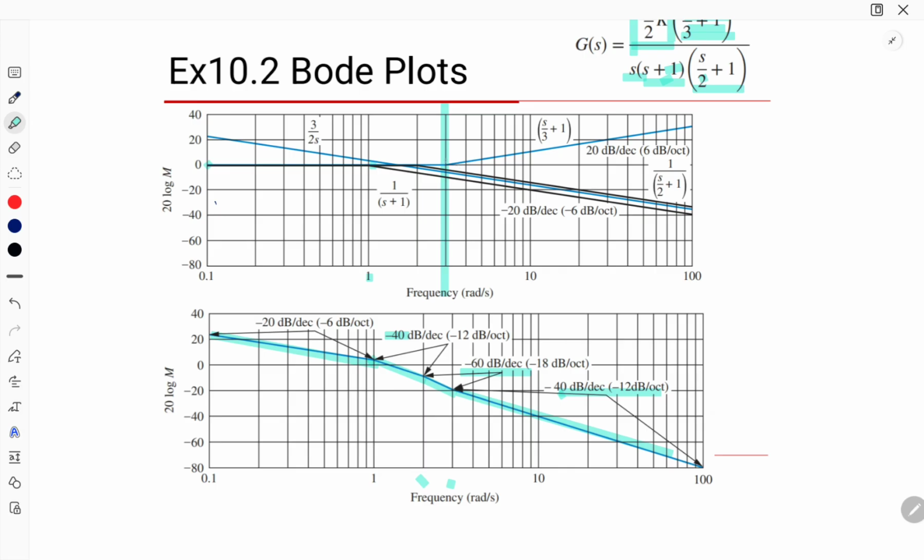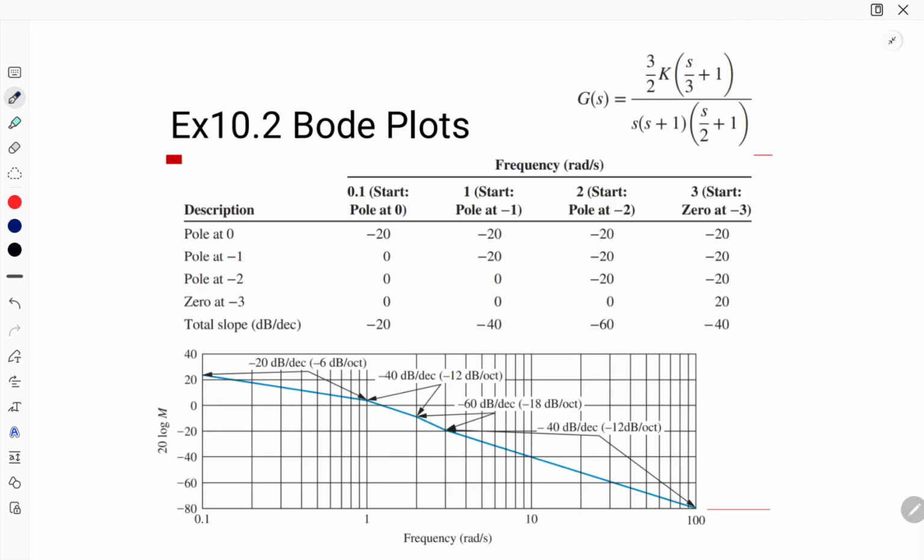You didn't see any further, but any other intercept, maybe that will be 10, that will be 20. If there was a pole at 20, so if you had an S plus 20 term on top of the previous one, then something interesting would have happened.